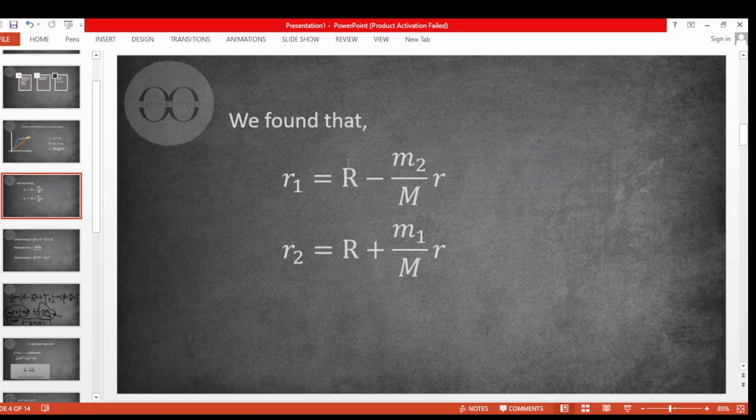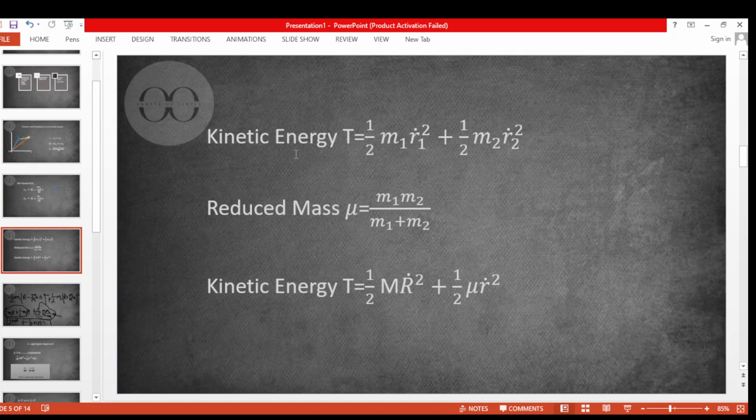Then, substituting the displacement vector between the 2 particles in the equation of the center of mass, we came to this relation: the position vector of the first particle with the center of mass position vector, and the position vector of the second particle with the center of mass position vector. These are the 2 important relations which will be substituted in our next equation, which is our kinetic energy equation.